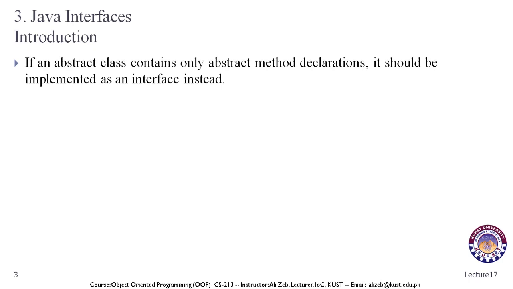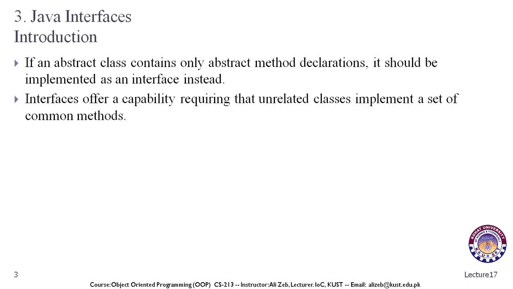So it only has abstract methods. Then that class can be declared as an interface. Interfaces offer a capability requiring that unrelated classes implement a set of common methods.